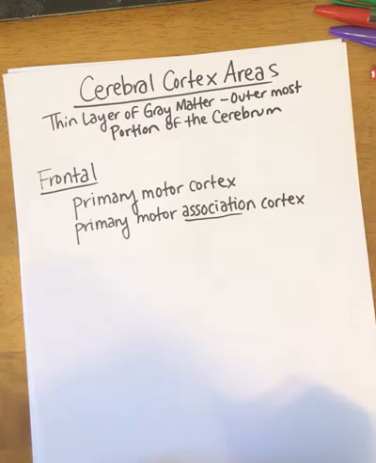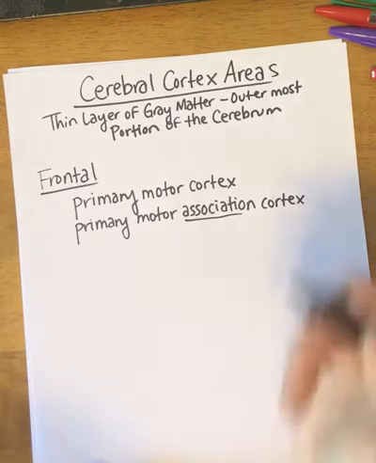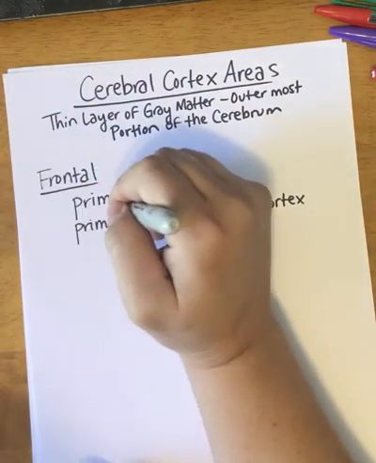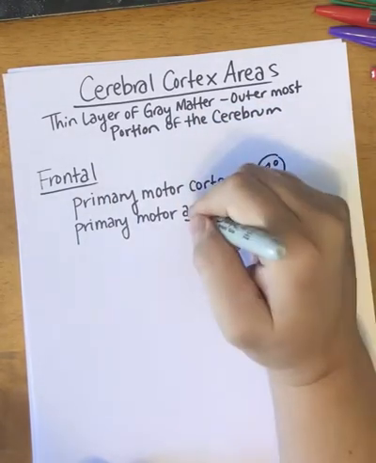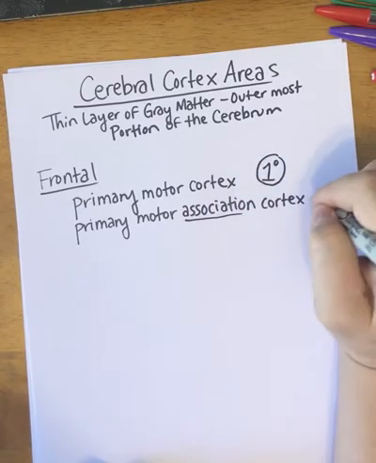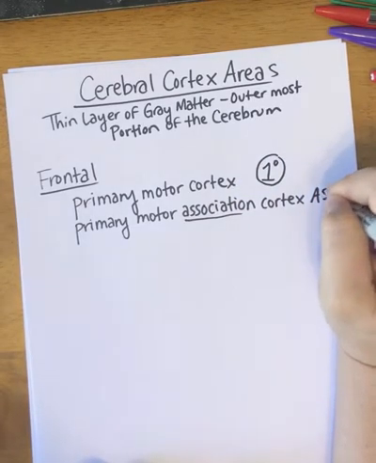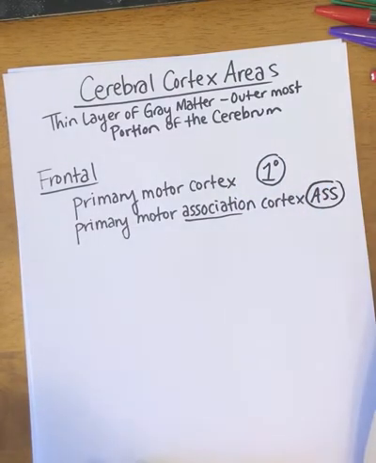You have to have created a memory. So anytime you use the word association, it's going to be memory. On the picture, whenever I use primary motor cortex, I'll usually draw it as a 1 with a circle. And anything that's a motor association cortex in that area, I usually just write AS for association.